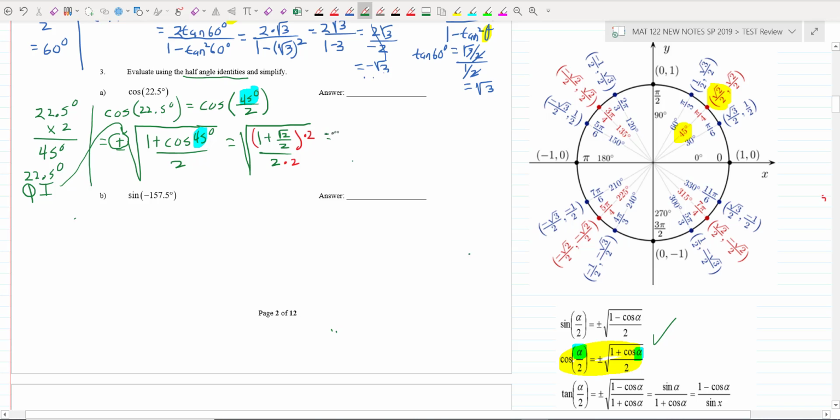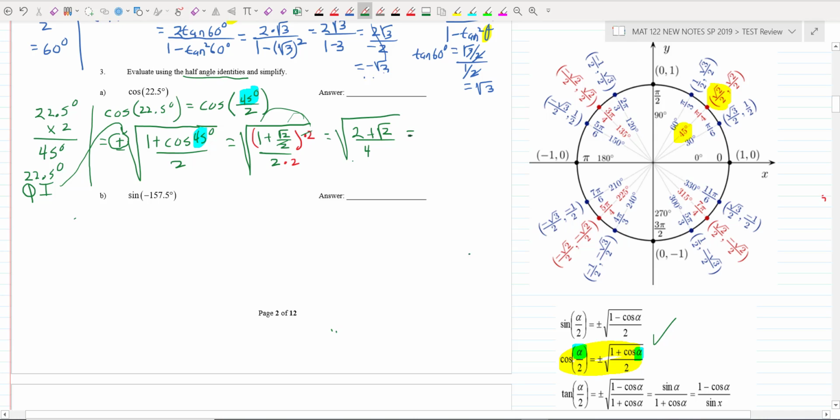Okay, so be careful how you do this distributive property. 2 times 1 is 2. Don't forget to do that. And then if you take 2 times the next thing, the 2's cross out, so you get square root of 2. Don't forget about that 2 times 1. You're distributing. Then the bottom would be square root of 4.